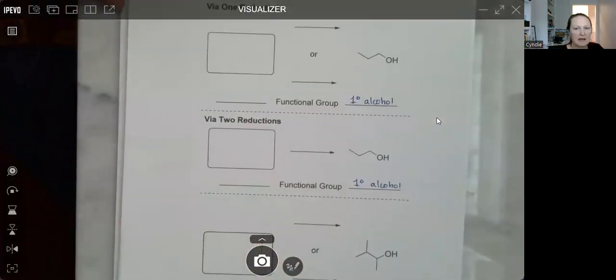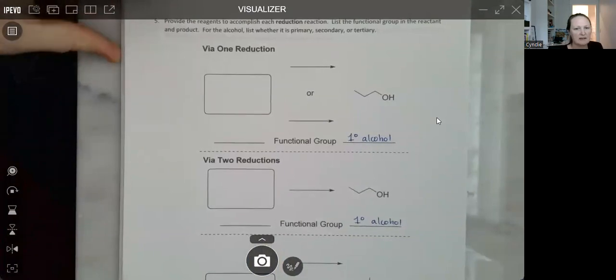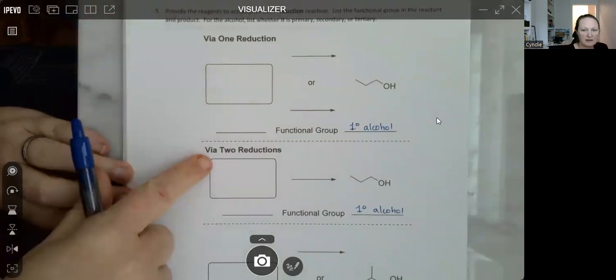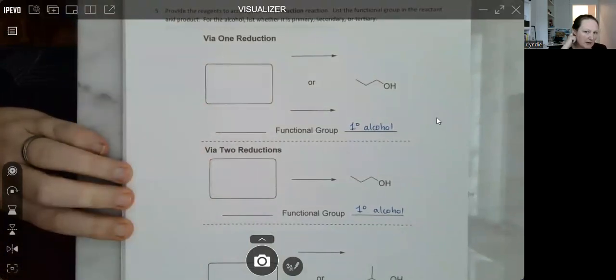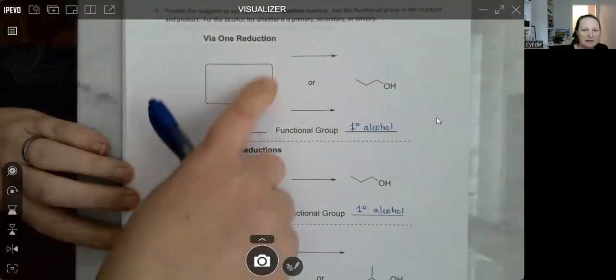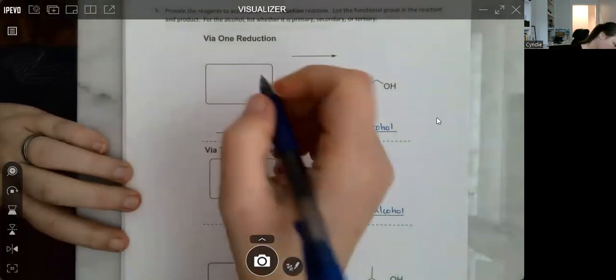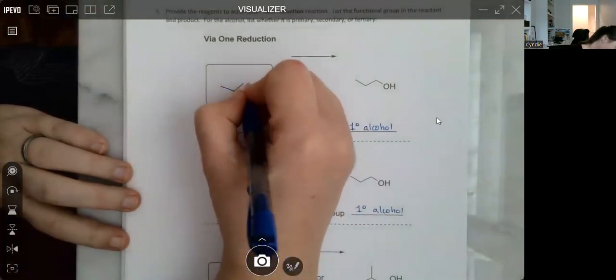And then it's talking about reduction, right? And this one says it's going to be via one reduction or via two reductions. So if we're only doing one reduction, then we're probably starting from an aldehyde here. So we just want a 3-carbon aldehyde.